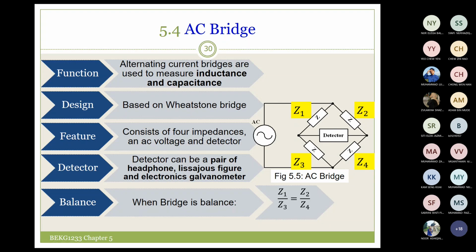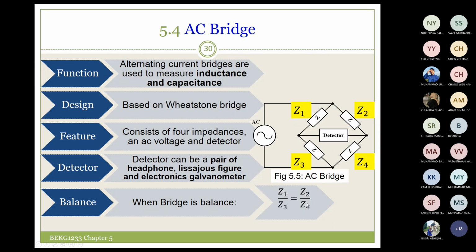The detector can be a pair of headphones, a Lissajous figure on an oscilloscope, or an electronic galvanometer. The detector can be any of these. And we want to balance the bridge.